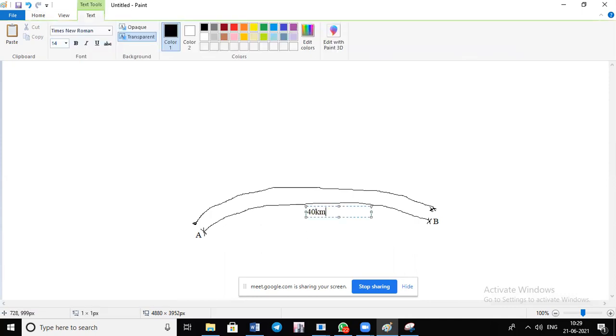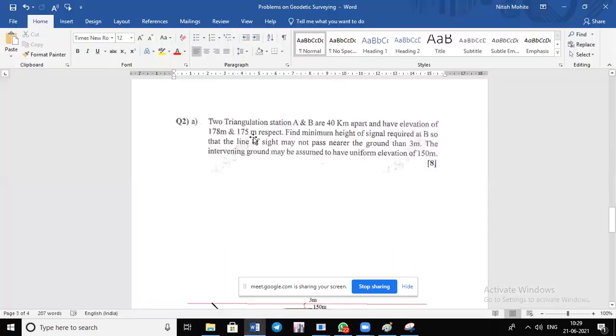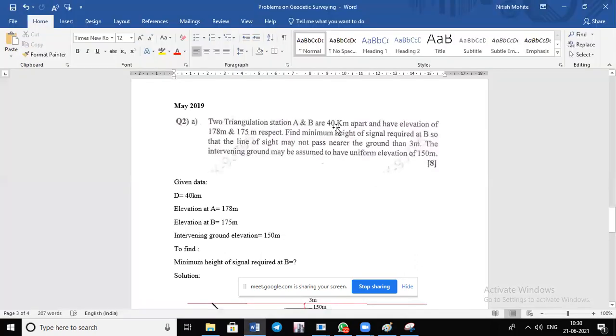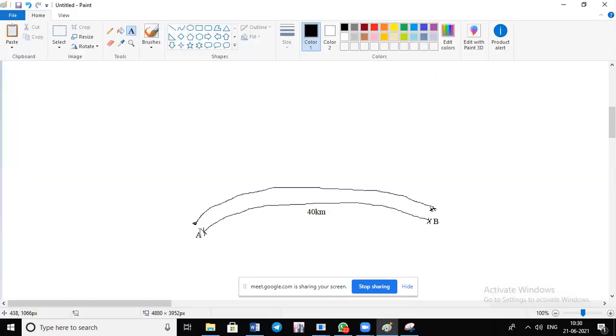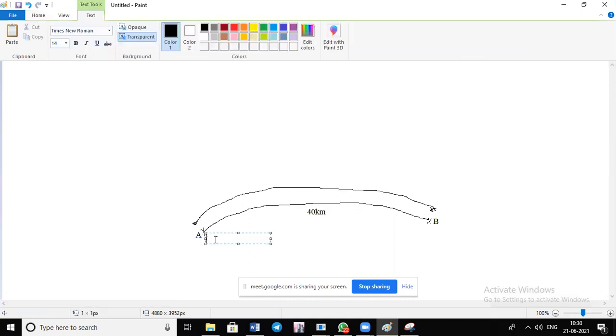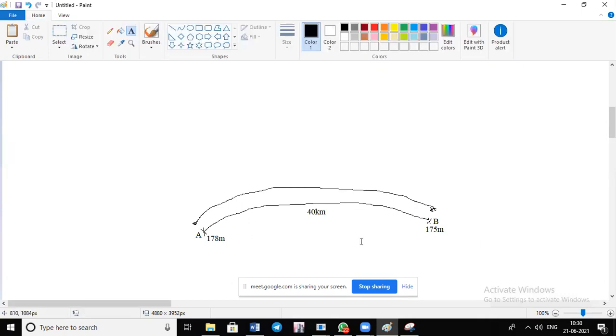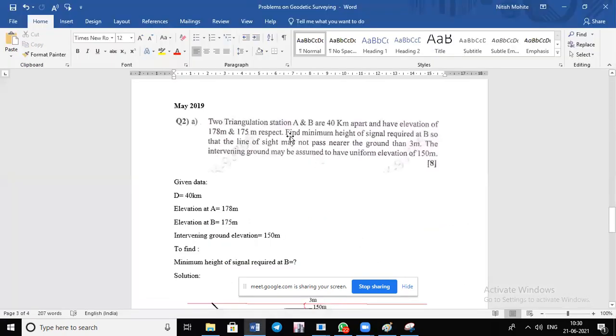That is the meaning of the first half of the line, and they are having elevations of 178 meter and 175 meter respectively. So the triangulation station A is having an elevation of 178 meter, and that of B is 175 meter. What they are asking in the problem is to find the minimum height of the signal required at B so that the line of sight may not pass nearer the ground than 3 meter.